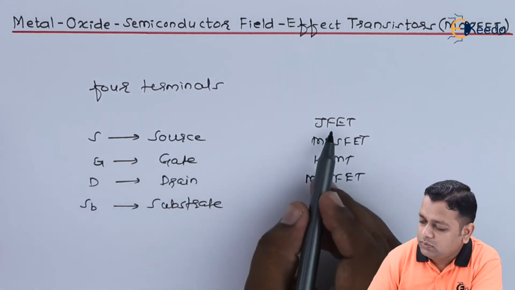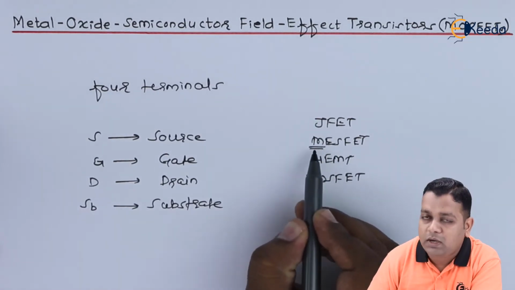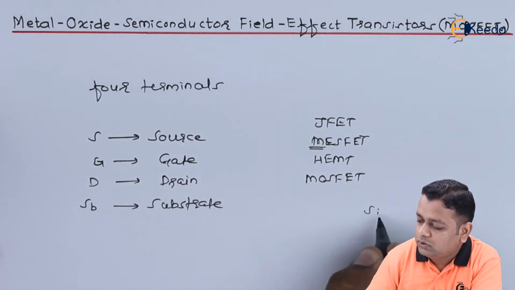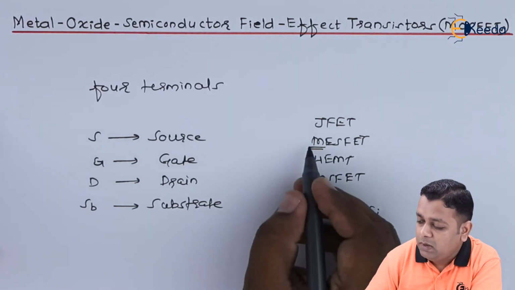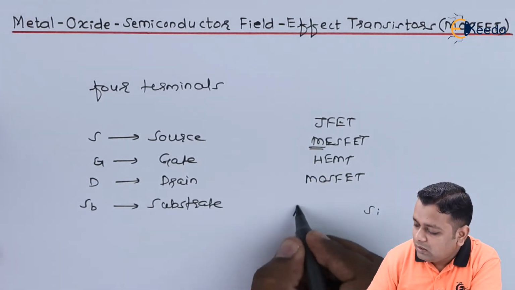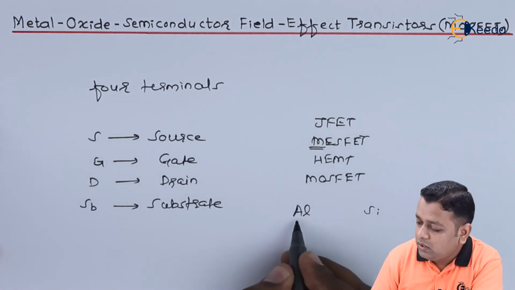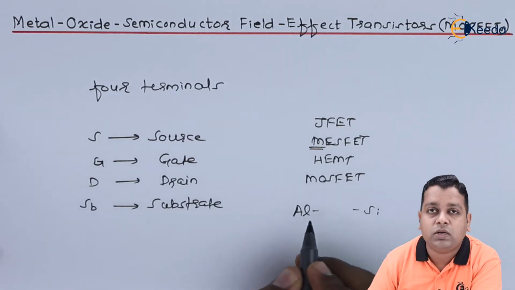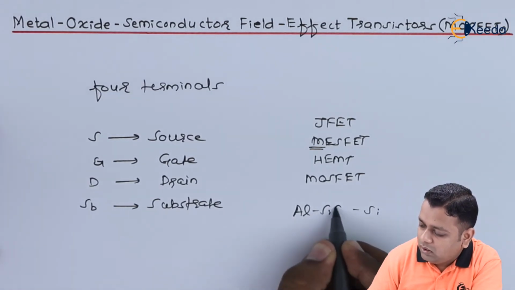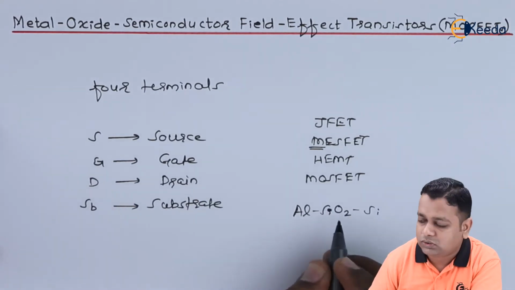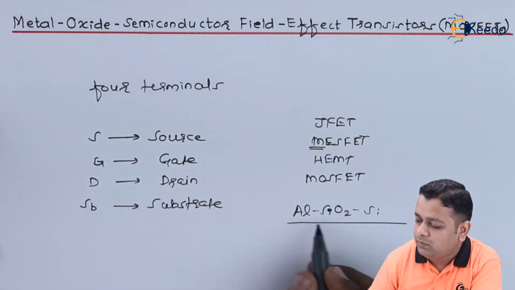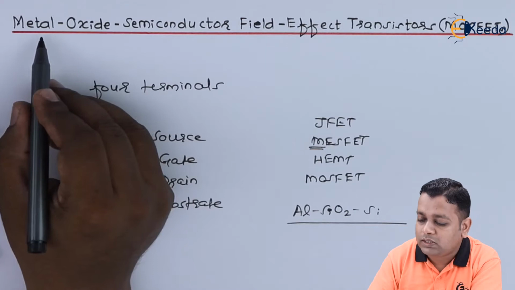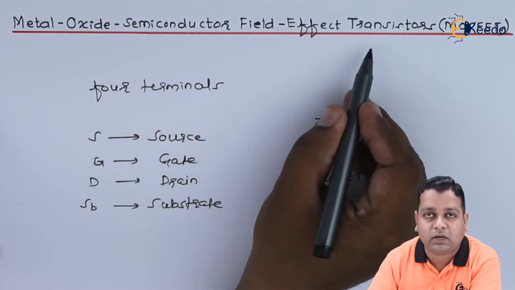Now when we switch from JFET to MOSFET, we have metals coming into the role. So when we have the semiconductor material used, for example silicon, and the metal material used, like aluminum, and in between the metal aluminum part and the semiconductor silicon part, an insulating layer of silicon dioxide SiO2 is used, the structure aluminum, silicon dioxide, silicon is nothing but the MOSFET, called the metal oxide semiconductor field effect transistor.